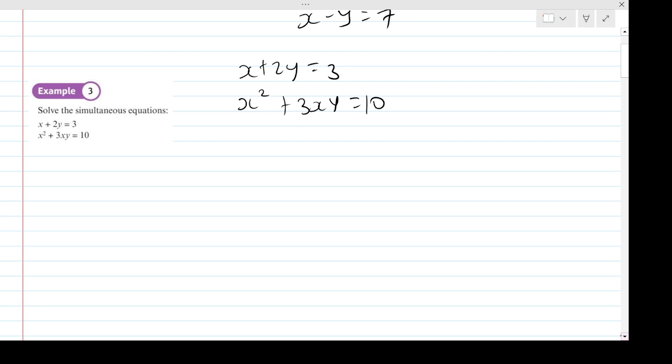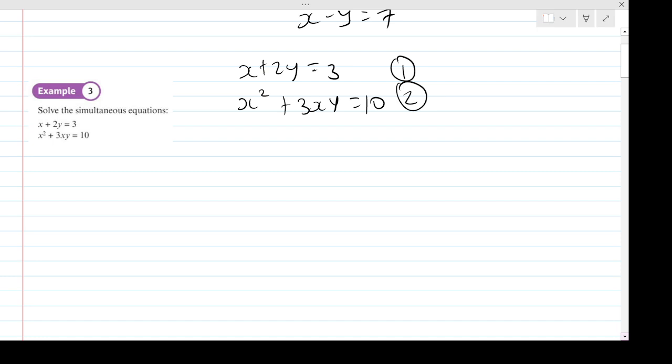So how are we going to solve this then? Well, I did say we're going to use substitution. What we're going to do is, if we call these equation 1 and 2, like we usually do, you don't have to, but it makes things clearer to label what you're doing. We're going to rearrange one of the equations to get one variable on its own.